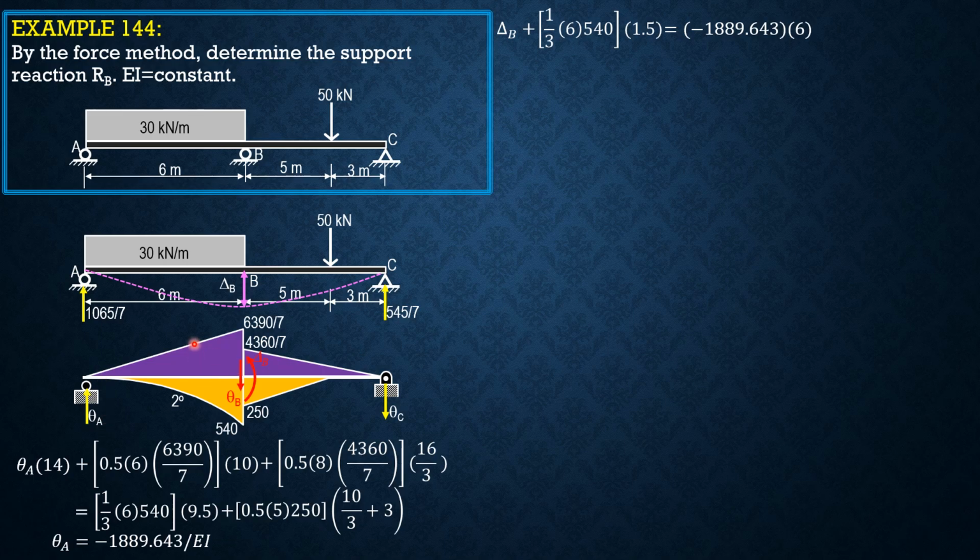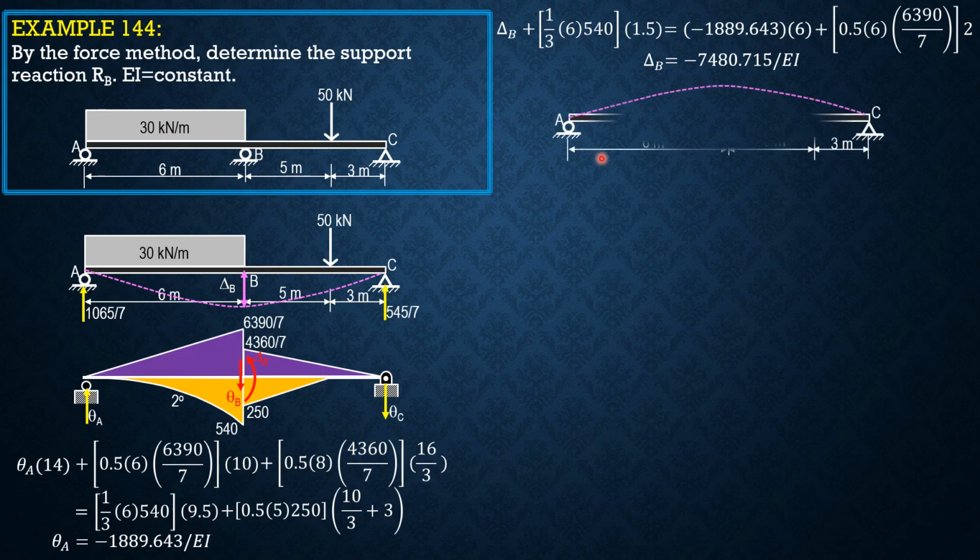Then plus moment of this area, 0.5 of 6 times 6390 over 7 times 2, where 2 is 1/3 of 6. So delta B can now be computed. Negative 7480.715 over EI.